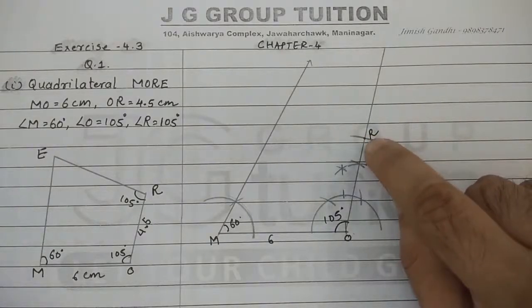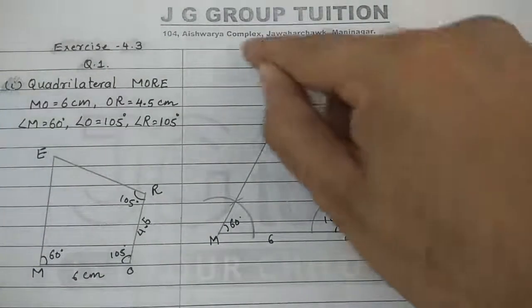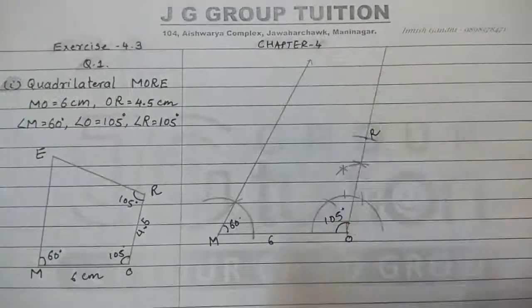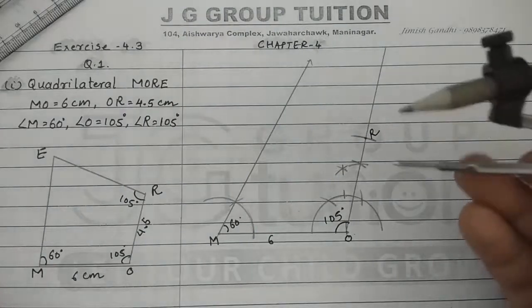Remember, this should be considered the 0, so your 105 should go like this. Let us do this 105 with the same pattern as the previous one, again with an arbitrary radius.